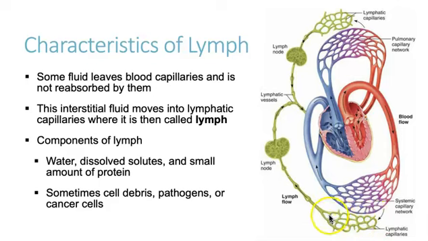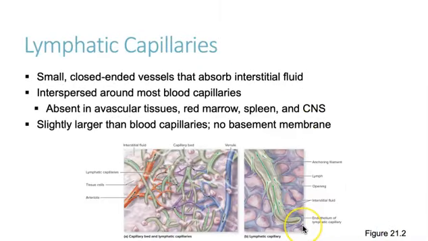So let's start talking about some of these components. We're going to start with these lymphatic capillaries since they are new to us. These are small closed-end vessels that will absorb the interstitial fluid. Our blood capillaries, which you kind of see in the background over here, are open-ended. So we have a portion that's connected here to the arteriole and then here to the venule.